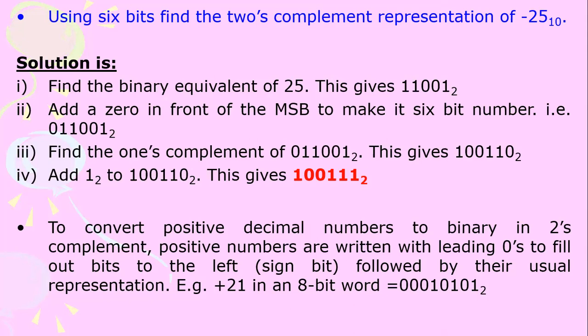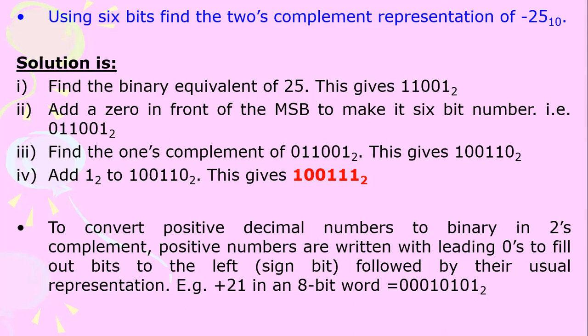For example, positive 21 in an 8-bit word will give us 0, 0, 0, 1, 0, 1, 0, 1 binary. Why? Because the binary equivalence of 21 decimal is 1, 0, 1, 0, 1.